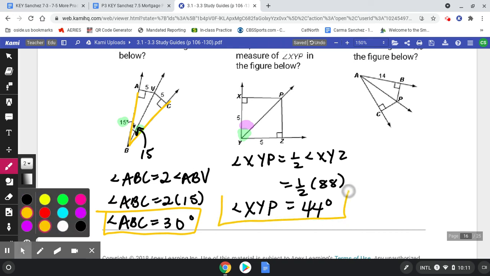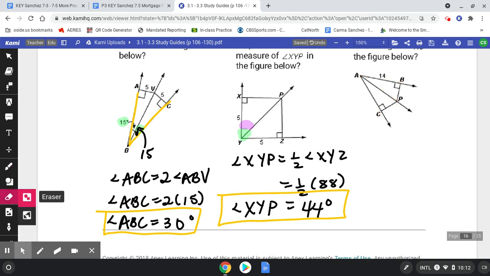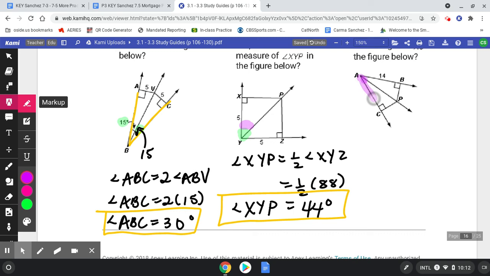How'd you do? And last, we've got these little angles over here where if angle BAP is congruent to CAP, so we know that that's an angle bisector, then what is the length of AC? So they want this right here.